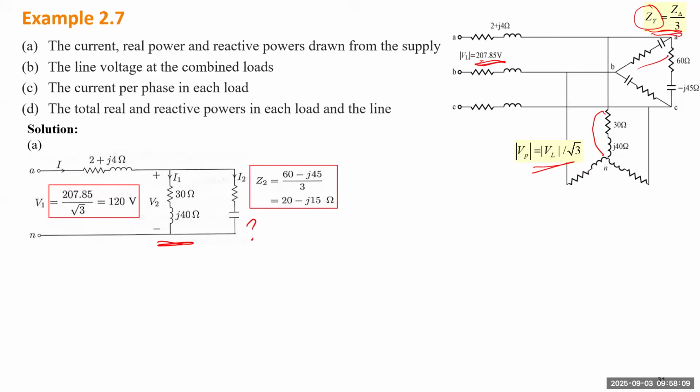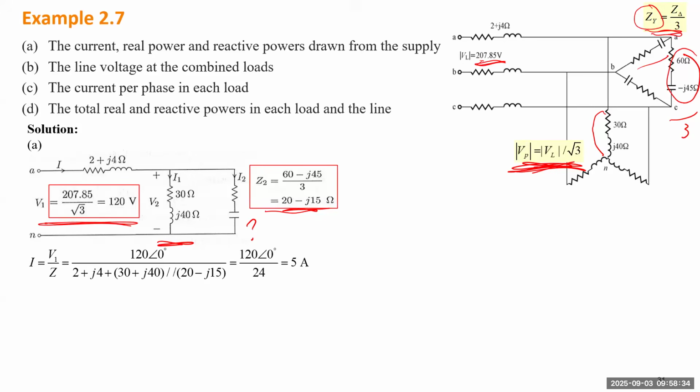And we just go ahead and calculate the phase voltage, based on this formula, to get 120 volts for each phase. And the transformed Y connected load for each phase will be basically just this one divided by 3, right? So we'll get the equivalent Y connected load. Then we can just do the calculation as a single phase circuit.